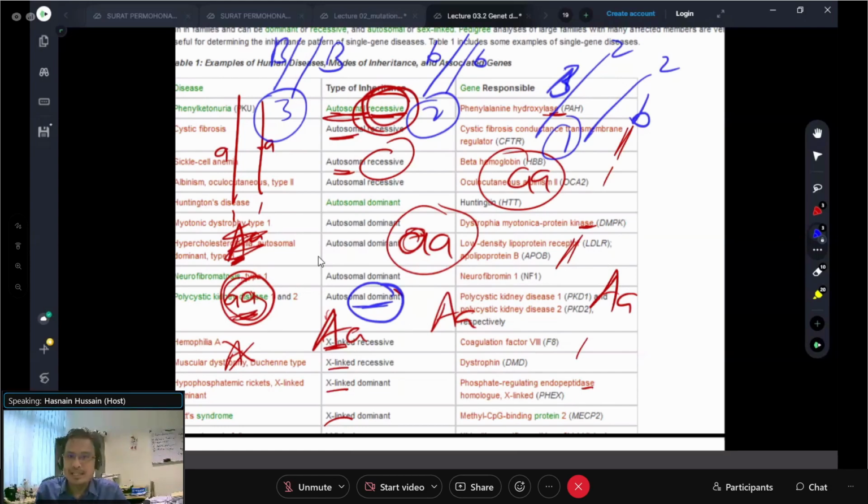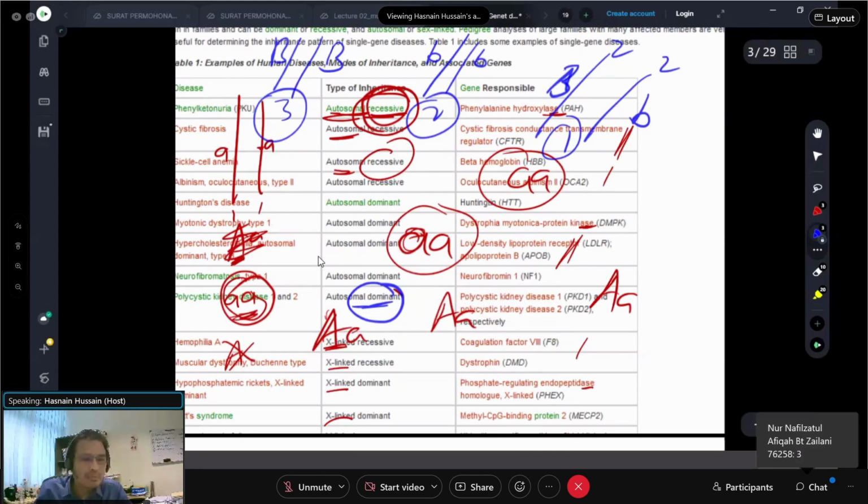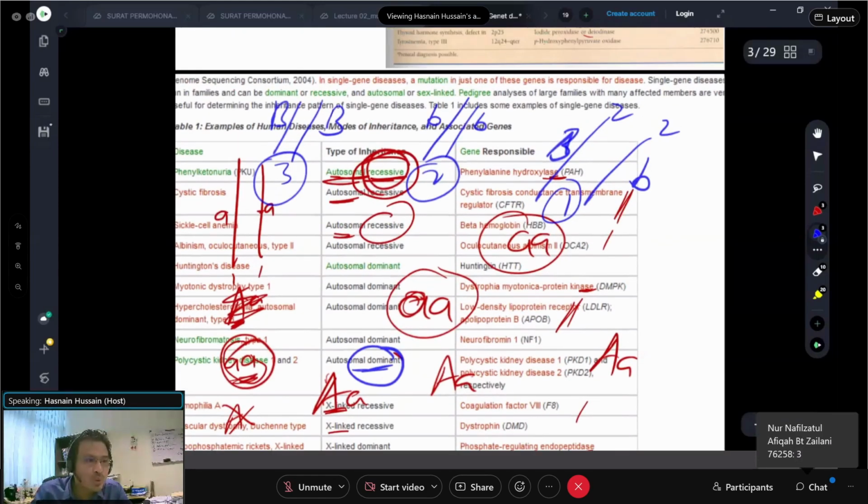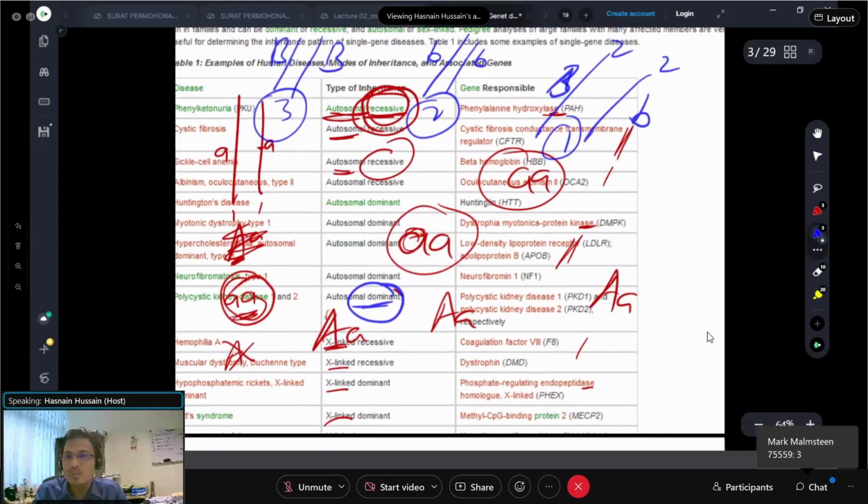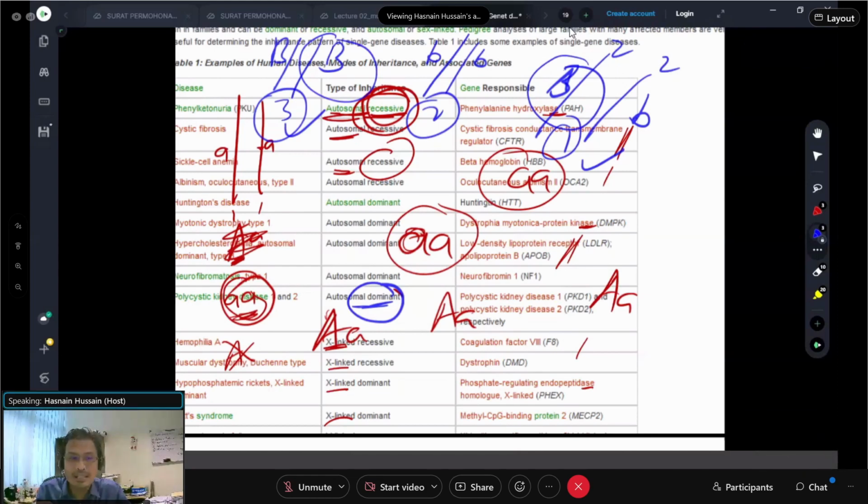Okay, so 1 and 3. I think almost all of you answered 1 and 3. You are all correct because only one copy can straight away cause the disease because it is a dominant disease.